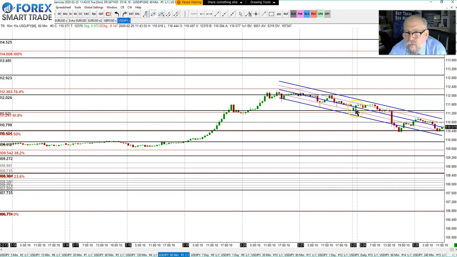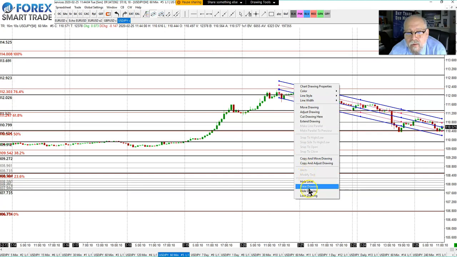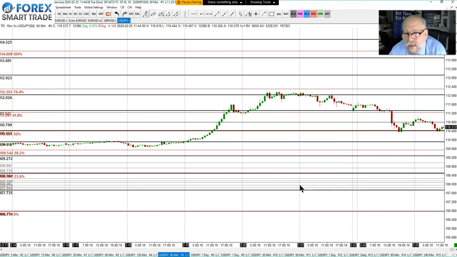I'm going to remove this because it's a little busy, but you see that we're trading into a downtrend. I want to know how much room I have up to the next support or resistance line. I've got about 23 pips going up and about 14 pips going down.